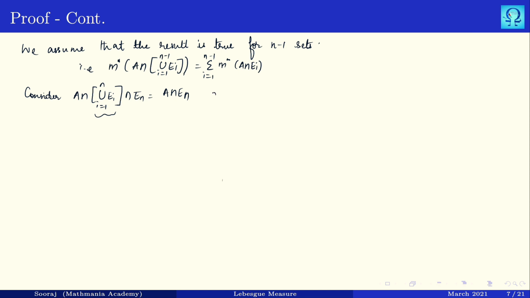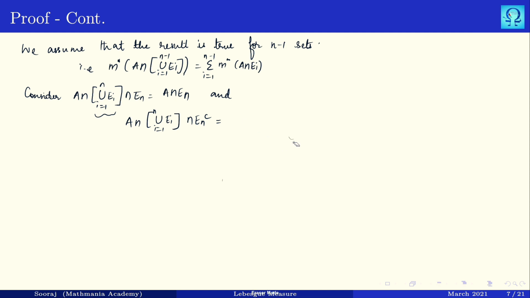Also, A intersection union i runs from 1 to n Ei intersection with En complement would be, all these are disjoint sets, right? Here I included En and I take an intersection with En complement. So that En portion won't be there.